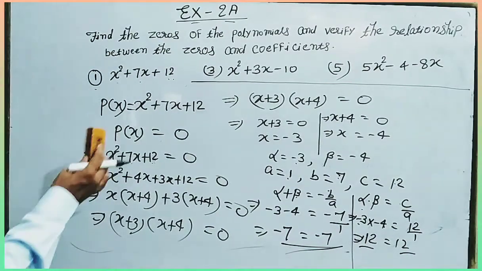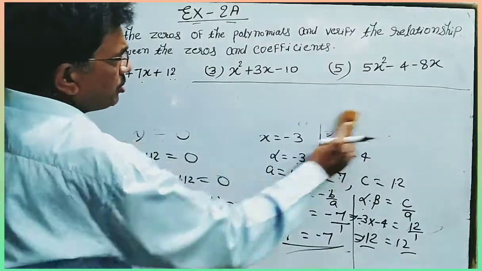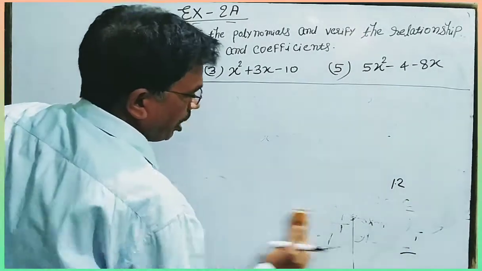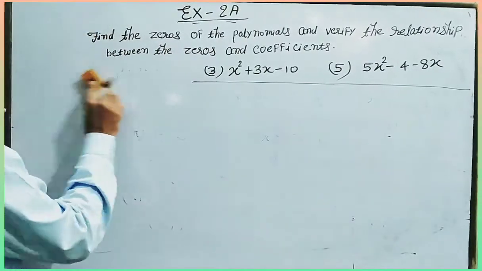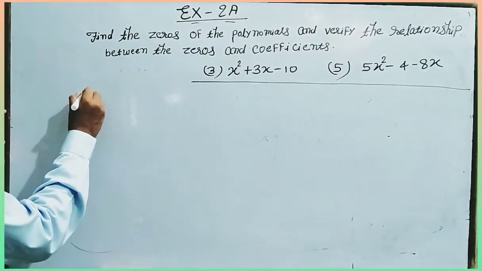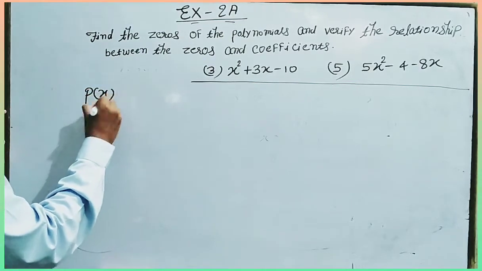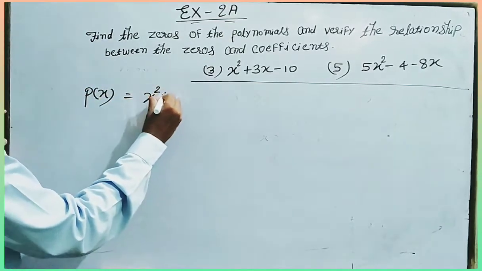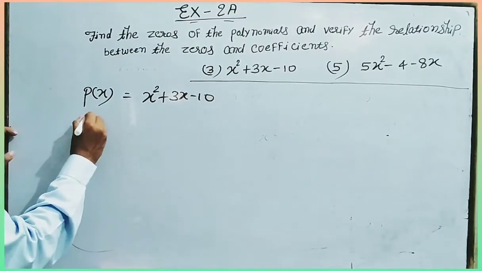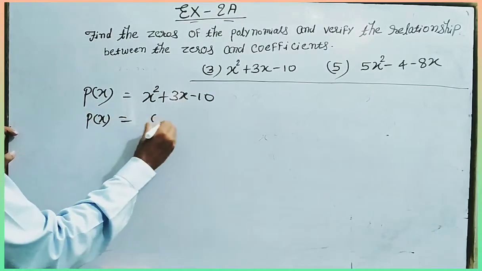Now see the next question. The next question is x square plus 3x minus 10. Question number 3. So write here p(x) is equal to x square plus 3x minus 10. Now p(x) is equal to 0.